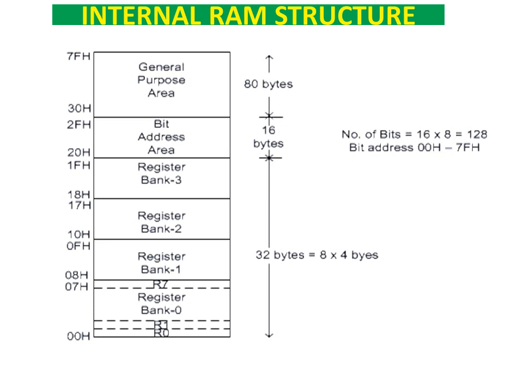For example, if I want to access bank 0 registers, location 00 is the R0 register, 01 is the R1 register, and so on, 07 is the R7 register. And also one more important point, these 4 banks are available for assembly programming.